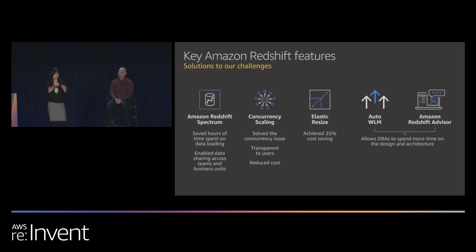So Redshift, Tony went over a lot of Redshift features. I just want to highlight several of the features that we use that solve our challenges. First, I mentioned how Redshift Spectrum enables us to do the data sharing capability and the self-service capability. This also saves a lot of time for us, not needing to do the data loading. With the concurrency scaling feature, this solves the concurrency issues that we face today on-premise.